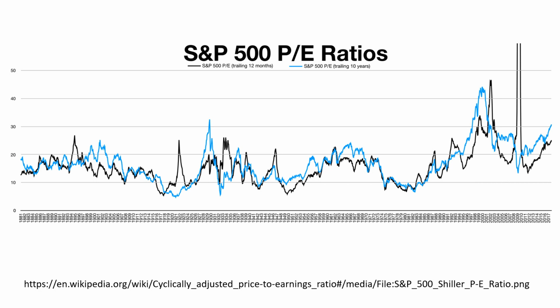So we already talked about P to E ratio and how it represents how much people are paying for $1 of earnings. And there were times in the 70s where, on average, if you looked at the top 500 companies in the United States, you'd have to pay less than $10 for $1 of earnings.